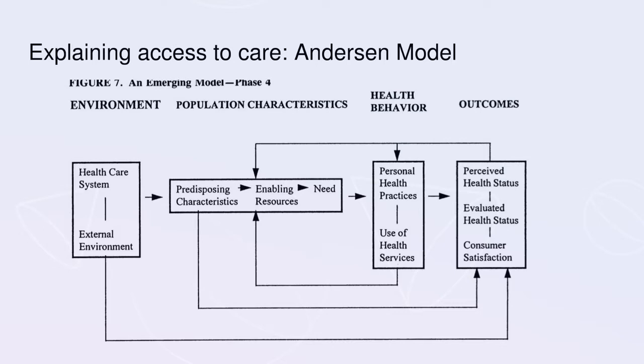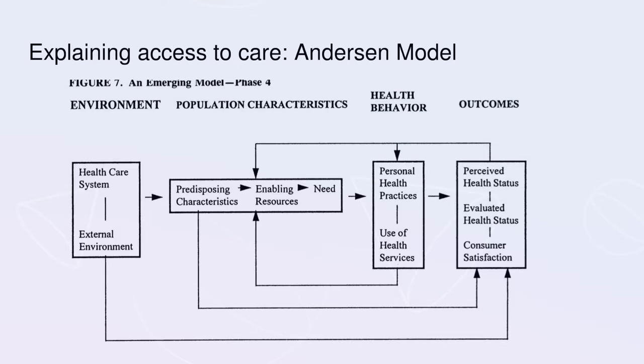So a person may think that I am well, so this is called self-reported health, or evaluated health status, which means a doctor or a nurse or another healthcare provider will decide whether that person has got a good enough health status, and whether that person will need some additional access or not.